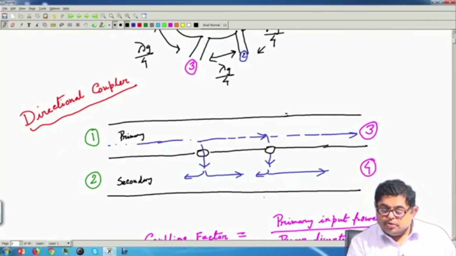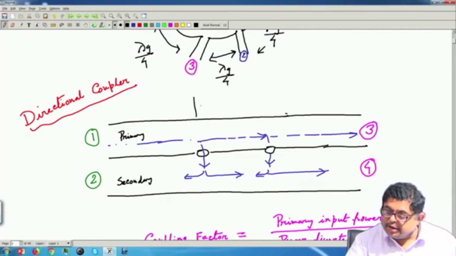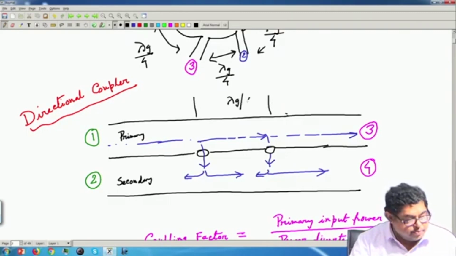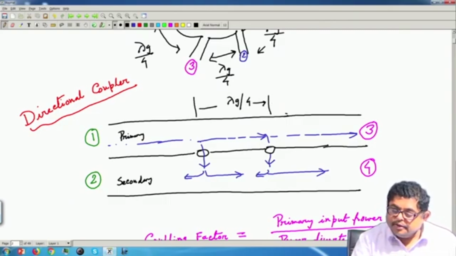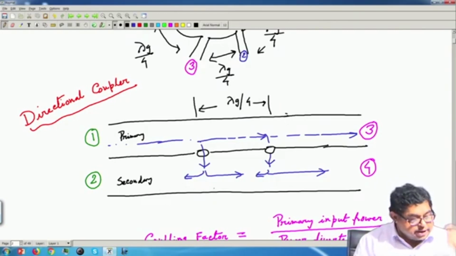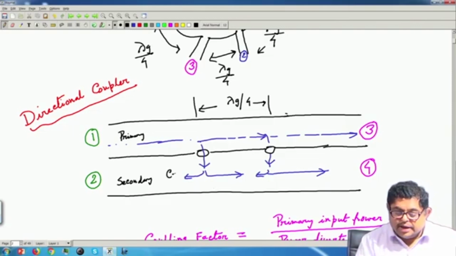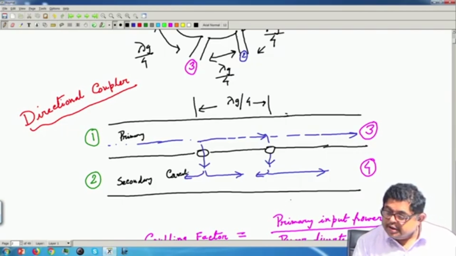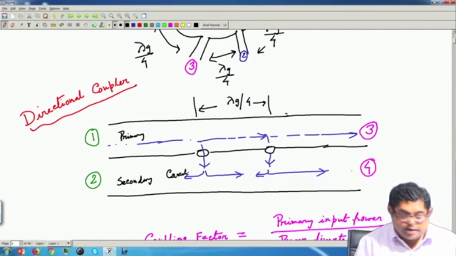So, here one detail I have not given, that this is lambda g by 4, then only you will see that in this direction the signal path difference is such that they are getting cancelled. So, if I give power here, it is cancelling here, and here they are getting added, in port 3 it is going. So, this thing I think you all know.